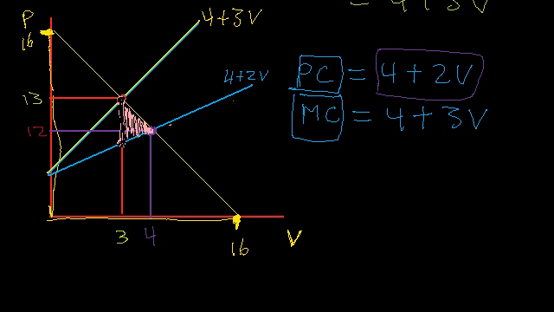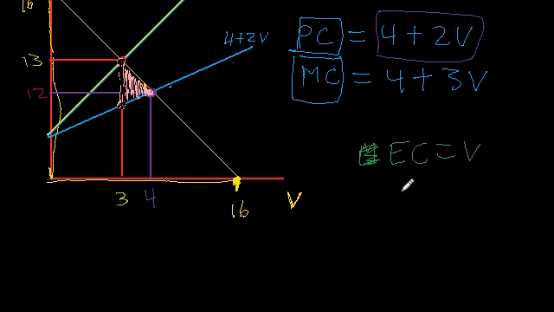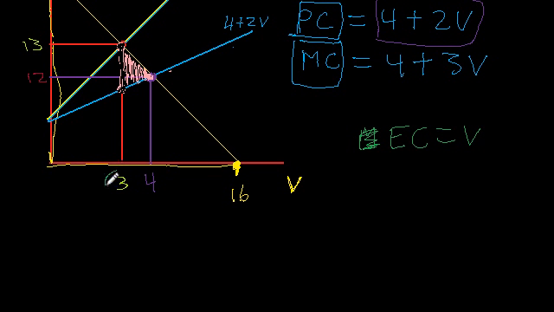Now, a quick shortcut: we know that the external cost is equal to V, and that's going to be the value of the toll that's required to get us to the efficient level. In the case that we're looking at right here, V is equal to 3.